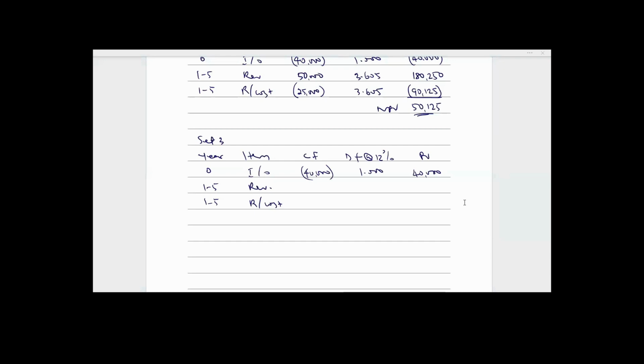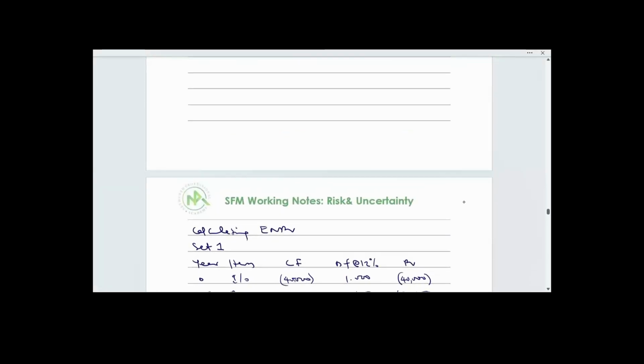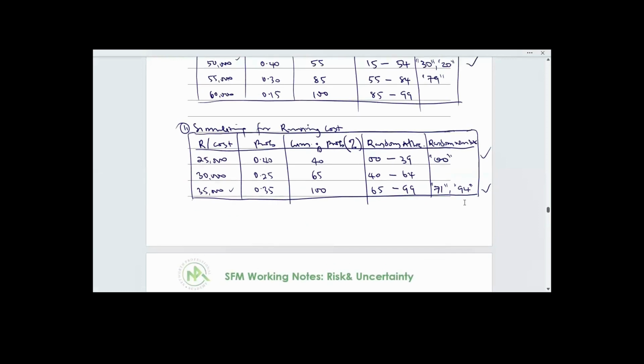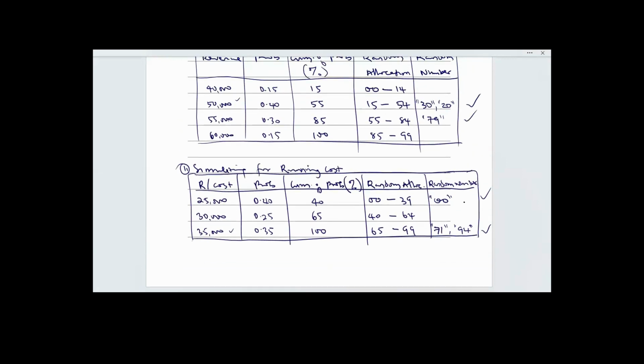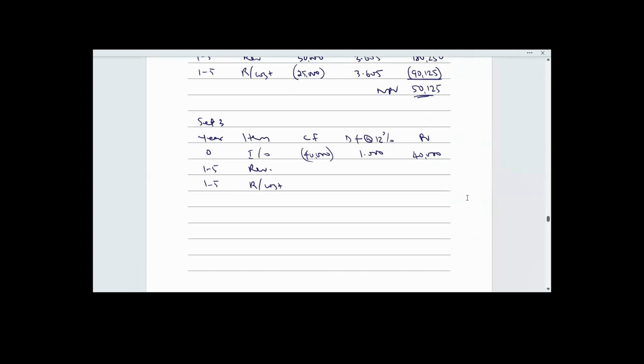Random number for set 3. 79 for revenue. Where can I find 79? 79 is here, which is 55,000. Here is 55,000. The factor is 3.605.